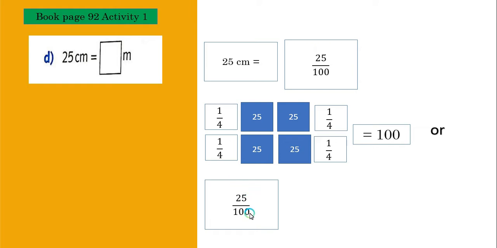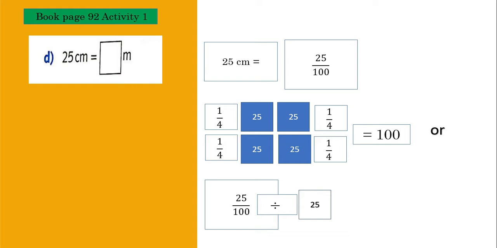Or we can use this, children. 25 over 100, we are going to find the greatest common factor, meaning it's a set of whole numbers, the largest positive integer that divides evenly into all numbers with 0 remainder. So the largest number is 25.